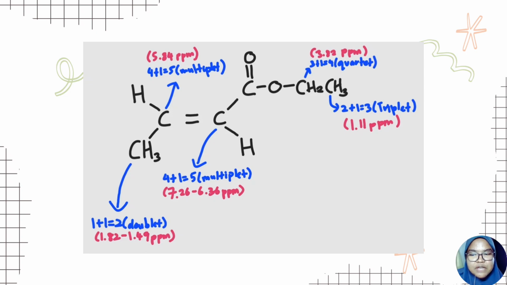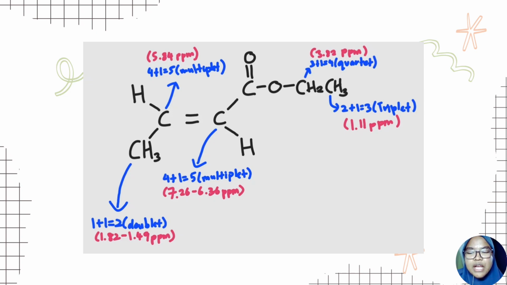At chemical shift 7.26 until 6.36 ppm, it is stated as a multiplet because it is a doublet of quartets, due to a doublet from the trans hydrogen and a quartet due to CH3.